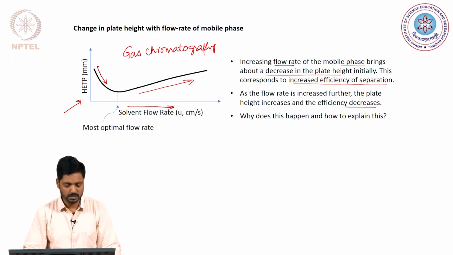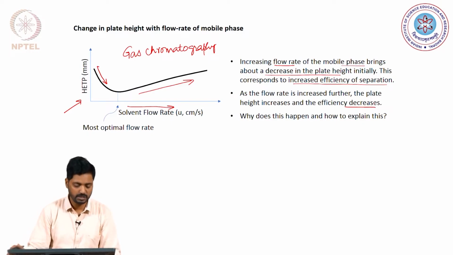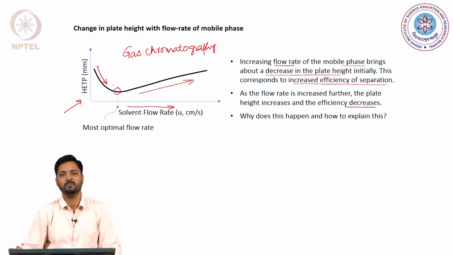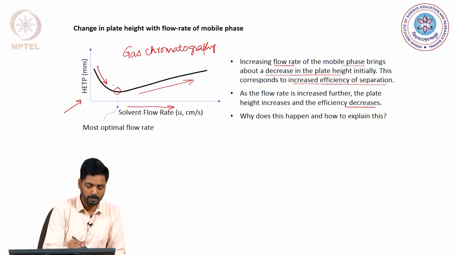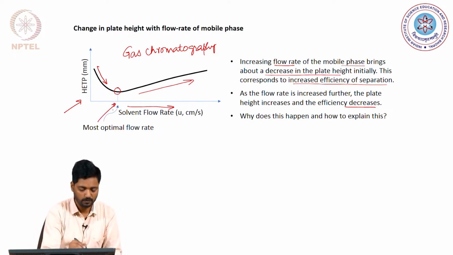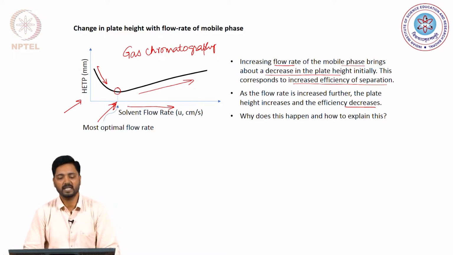So, this was a common observation, and based on that an optimized flow regime was to be used for achieving the most efficient separation. So, people figured out that there is a most optimal flow rate at which our plate height will be the smallest.